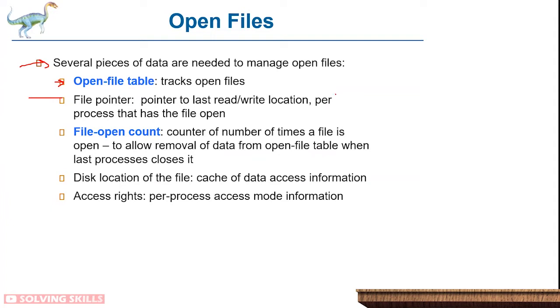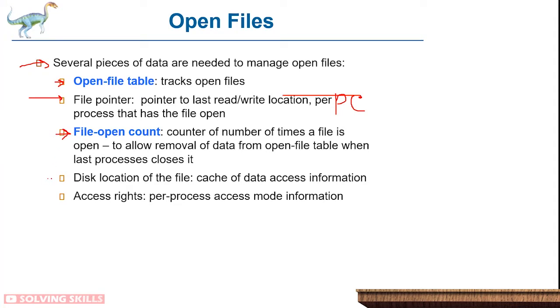It is just like the program counter that we saw in the processes part. So, just to keep track of where a process was the last time it accessed this file, the file pointer will point to that. Similarly, the file open count is the number of times a file is opened by different processes. For example, it may be a read-only file and multiple processes are reading this file.